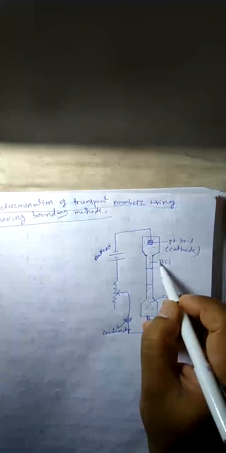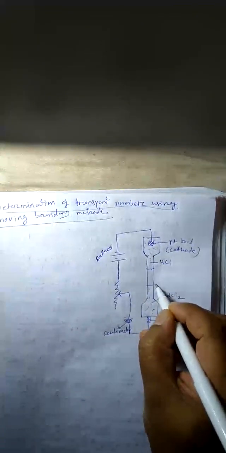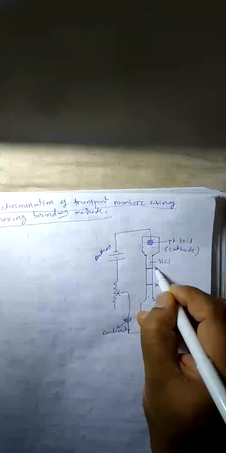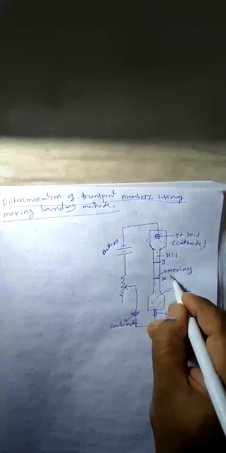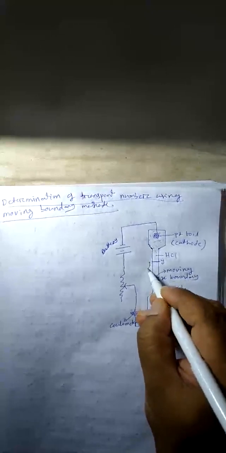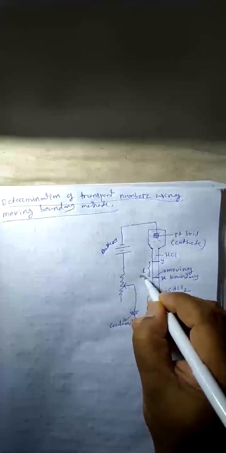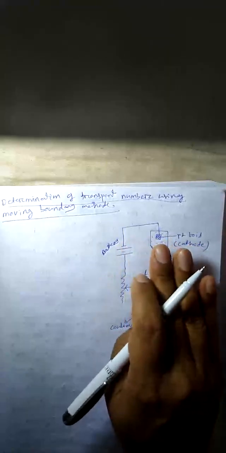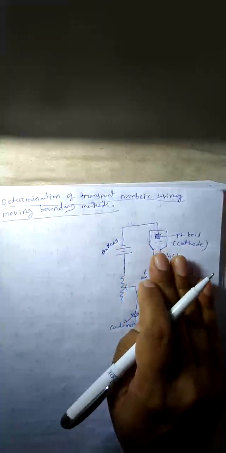This is the HCl solution, and this point you mention as X, and this point you mention as Y. This is called the moving boundary, and this distance is L centimeter. This is the total construction of the moving boundary method.